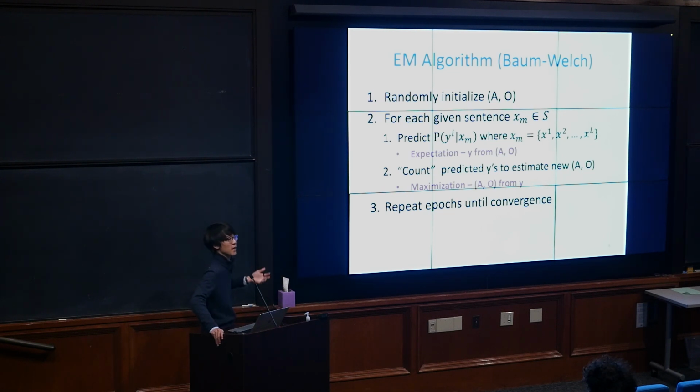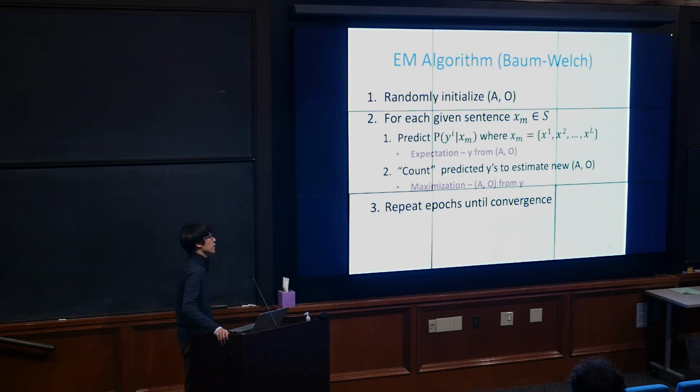But we're going to predict that y is a noun given the entire input sequence from x1 all the way to xL. Note that it's not just y; it's yi. So we need to model the probability of y at the second position based on the entire input sequence x. So that's the expectation step.